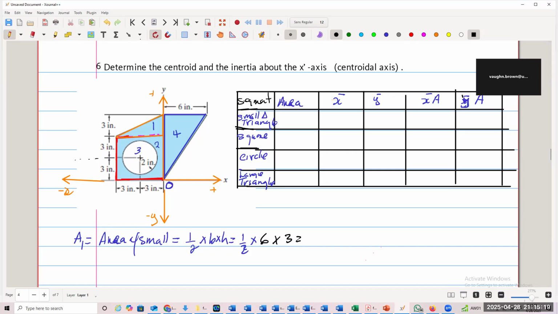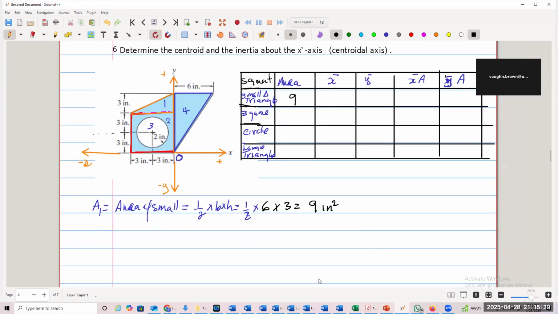So everything is in inches. You don't have to convert if I don't ask you to convert. Remember that. So half times 6 is 3. So this works out to be 9 square inches, whatever you want to call it. So you know that this is 9. Once I don't tell you to convert, don't convert anything. Work the problem. That's all I want.